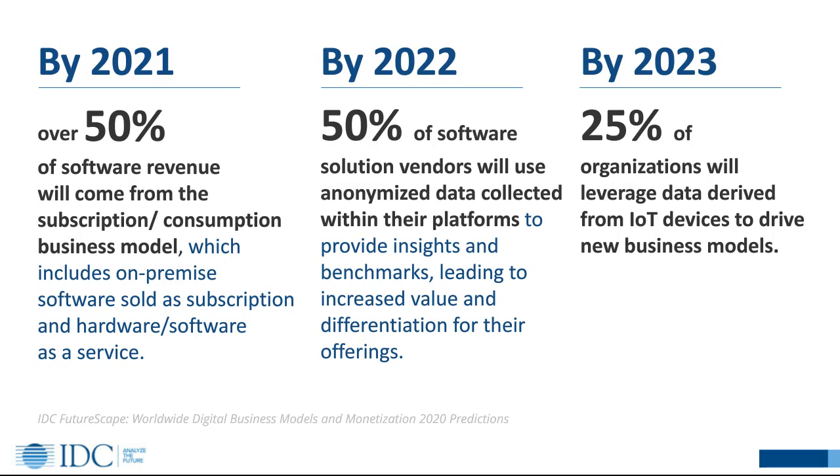So I'll hold the detail here, and we'll go to the next one. Is by 2022, 50% of software solution vendors will use anonymized data collected within their platforms to provide insights and benchmarks.